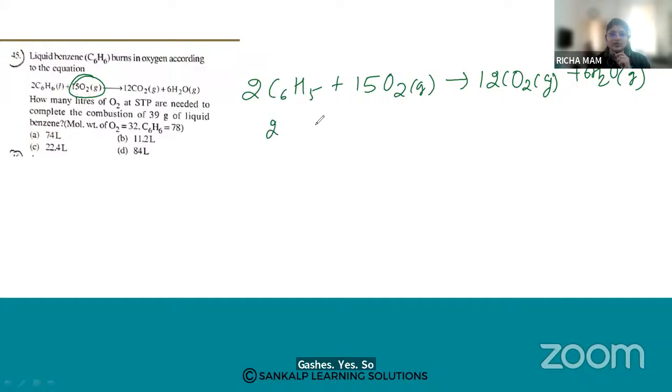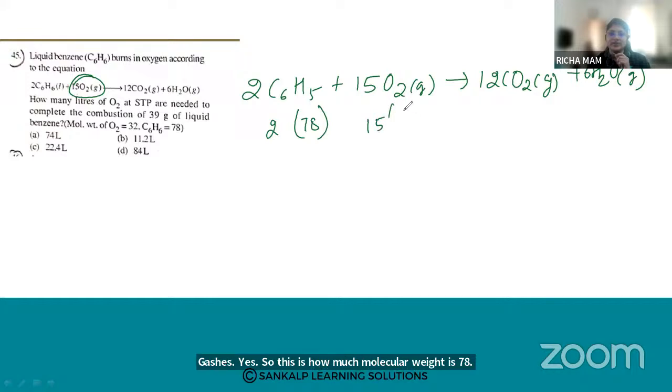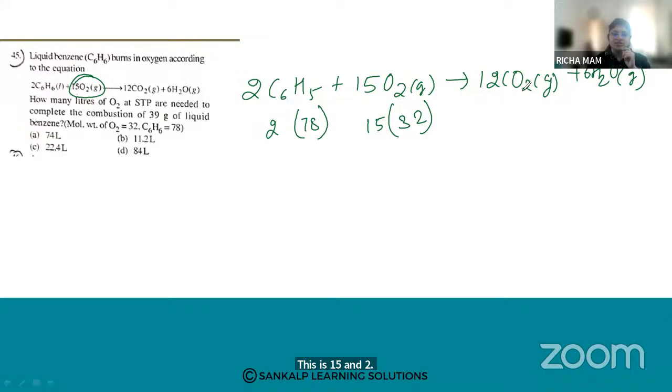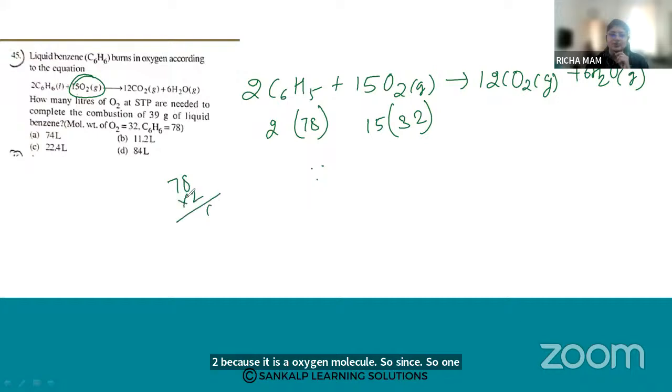So this is how much? 2 into the molecular weight, which is 78. This is 15 into 32, because it is an oxygen molecule, right? So 78 into 2 is 156.